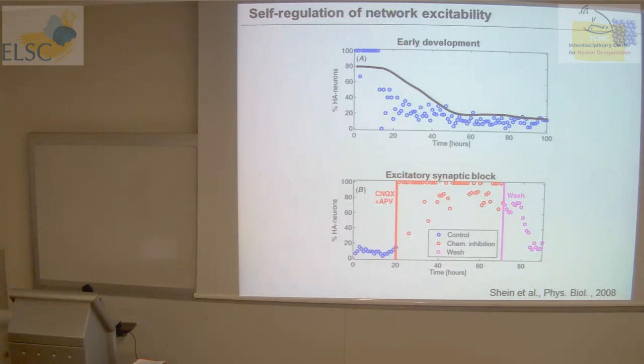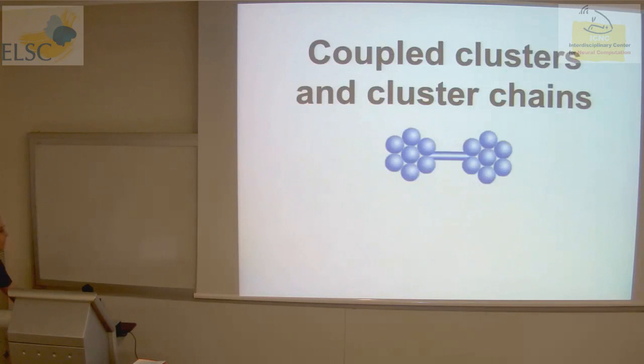And you can do the same if you block the excitatory activity, and then again you get a rise in the fraction of the cells. And when you wash it, you have a gradual decay almost back to baseline levels. So again, there are different mechanisms that the network employs in order to sustain those patterns.